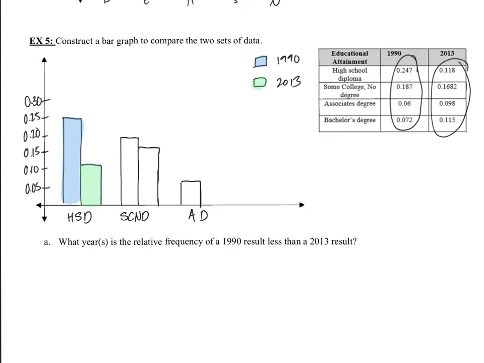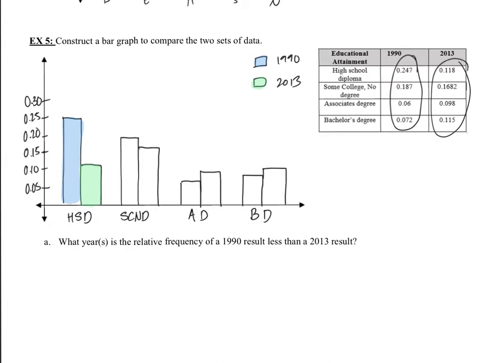And then 0.098, so almost at 0.10. And finally, bachelor's degree. 0.07, almost 0.10, not really. Once again, estimating. And then 2013, 0.11, a little higher than 0.10.